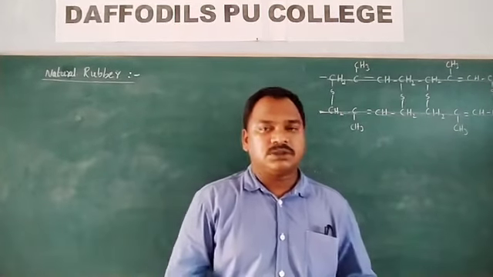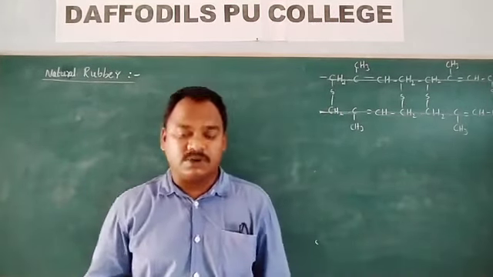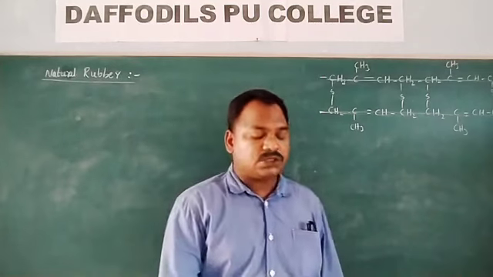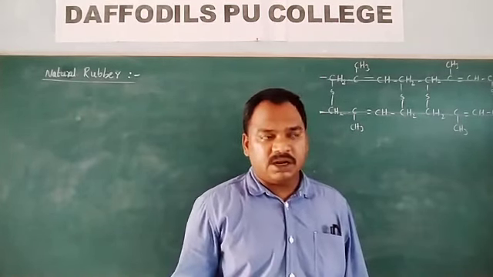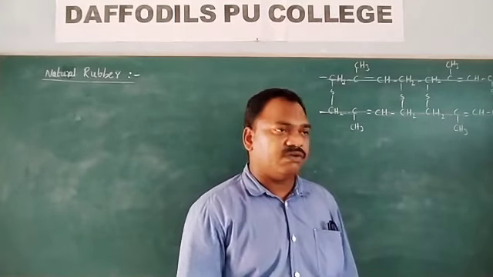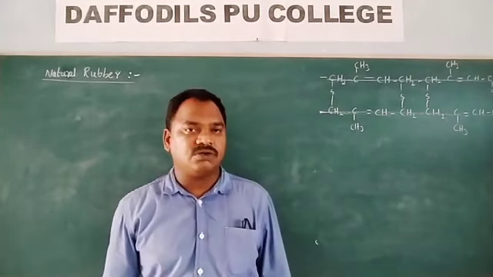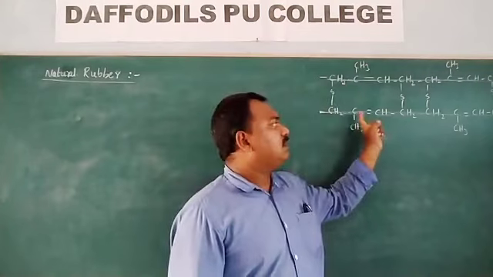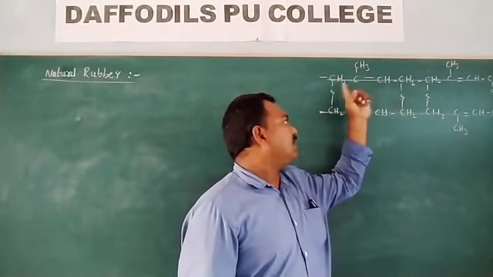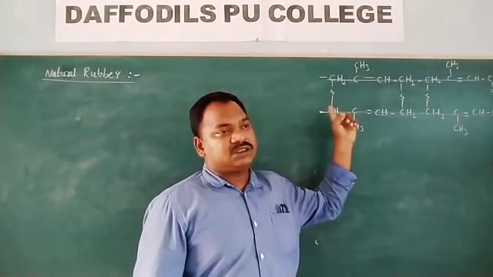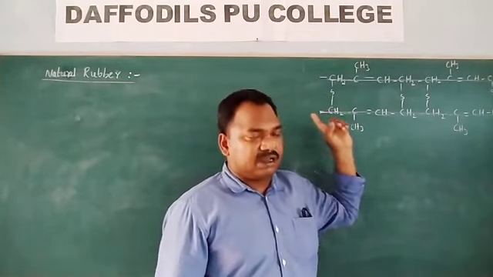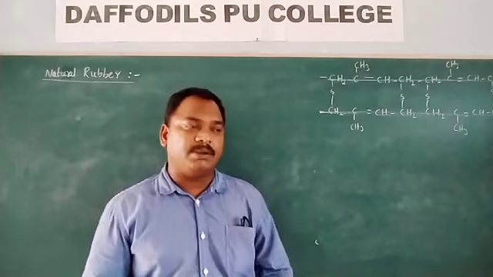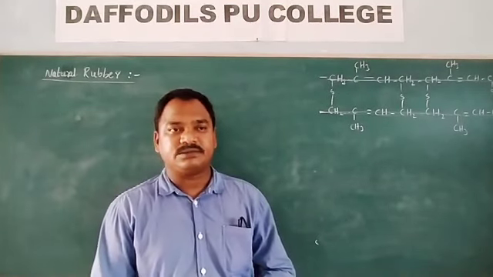So this is about vulcanization of rubber. When vulcanization takes place, we already said that by the addition of sulfur, these chains are bonded with disulfide bondings. Due to these sulfur bondings, rubber becomes stiff.